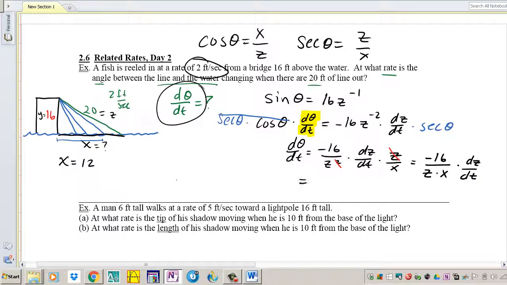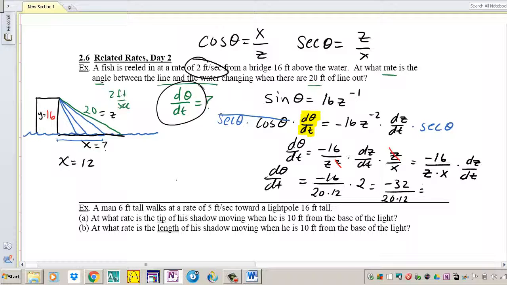So plugging in everything that I do know, d theta dt is negative 16 over 20 times 12 times dz dt, which is 2. So that means that it's negative 32 over 20 times 12.